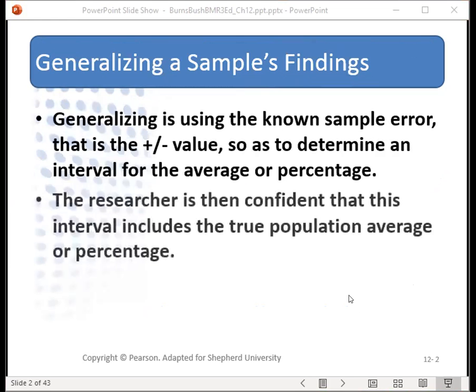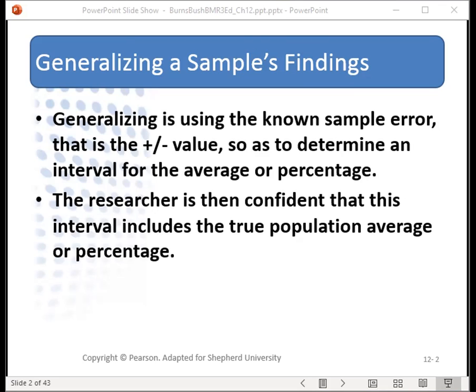Generalizing is using the sample error and establishing an interval for the range we expect to find in the population with a given level of confidence. We refer to a sample finding whenever a percent or average or some other analysis value is computed with a sample's data.